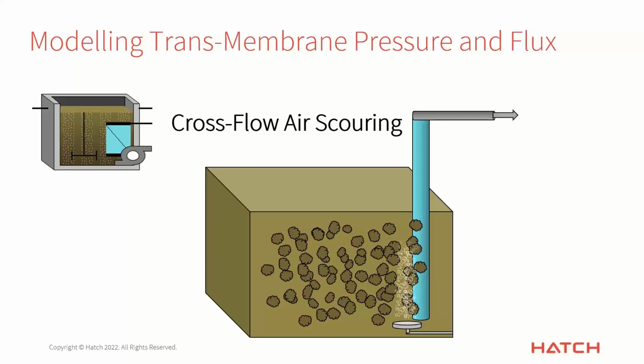The cross-flow air is assumed to continue all the time, even when we're backwashing. It will be removing some of the solids, and you can even calibrate how quickly it removes the solids off of the system. It's doing two things: removing the solids off of the membrane, and providing oxygen that's mass transferred into the liquid and potentially used by the biomass.